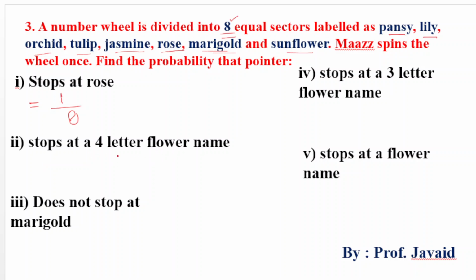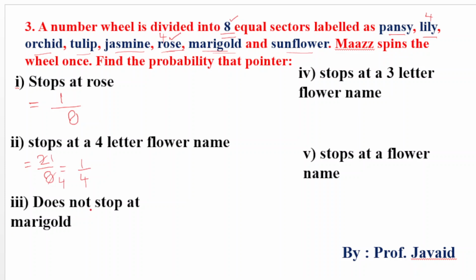We have to find this. So the 4-letter flower names are, look: 1, 2, 3, this rose is 4 letters, so let me write 4 here. Not 4, not 4, not 4. So this 4 and this 4. So these are 2 favorable outcomes out of a total of 8. After cutting, 2 one times and 2 four times, so 1 by 4. That is the answer.